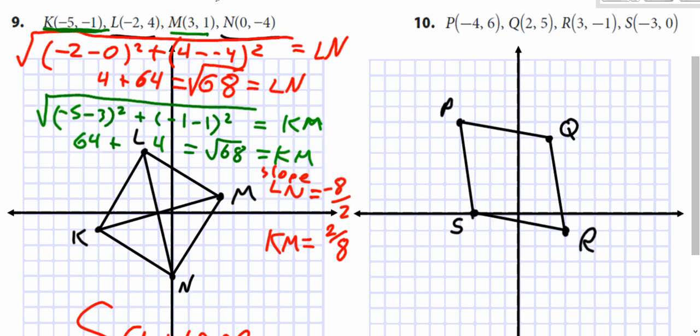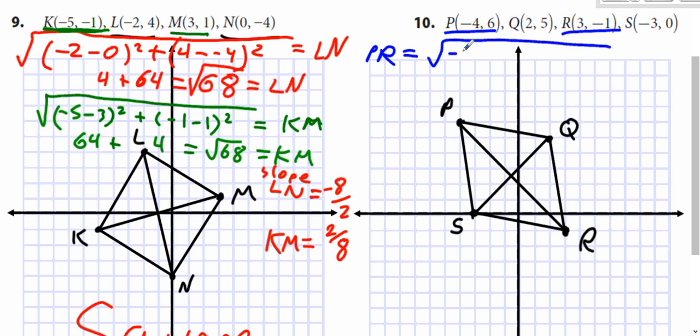It says to use the diagonals, so we will use the diagonals to check if it's a rectangle. We need the length of those diagonals. So for the length of PR, distance formula is x minus x squared.